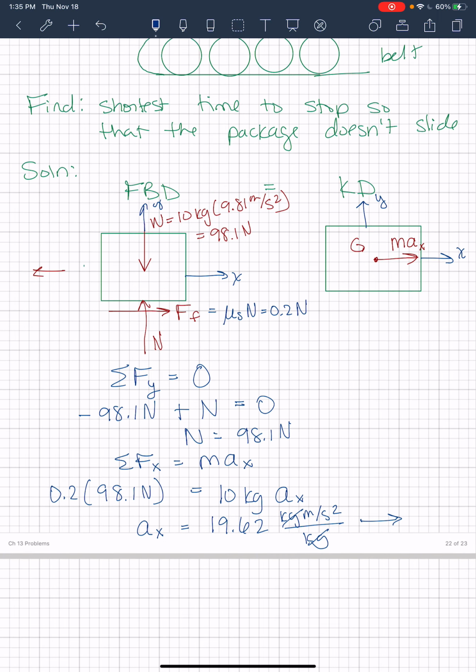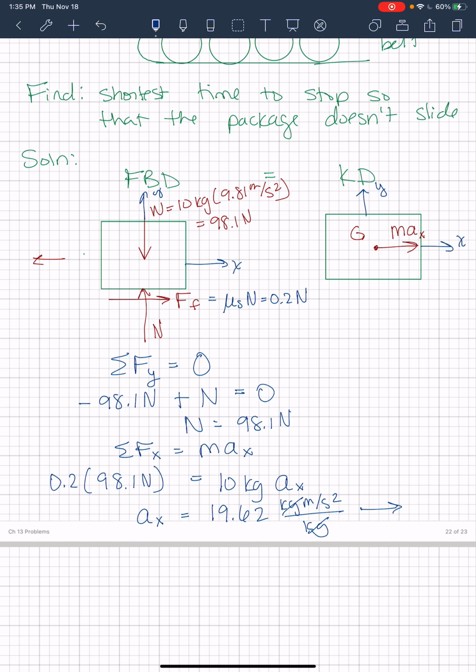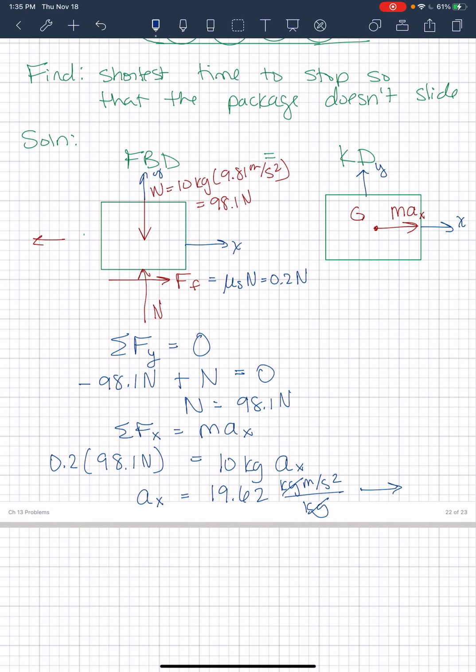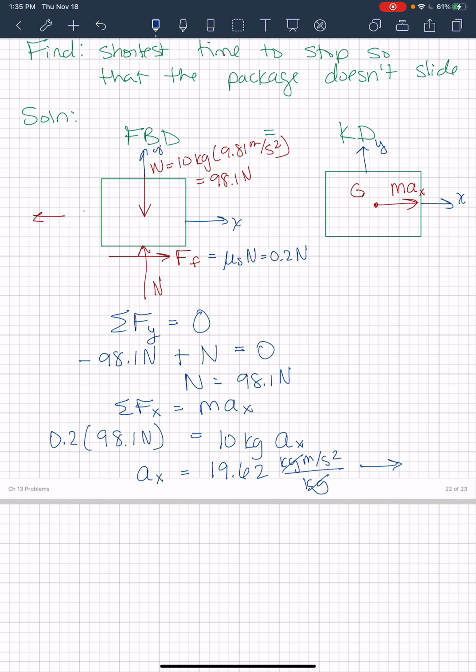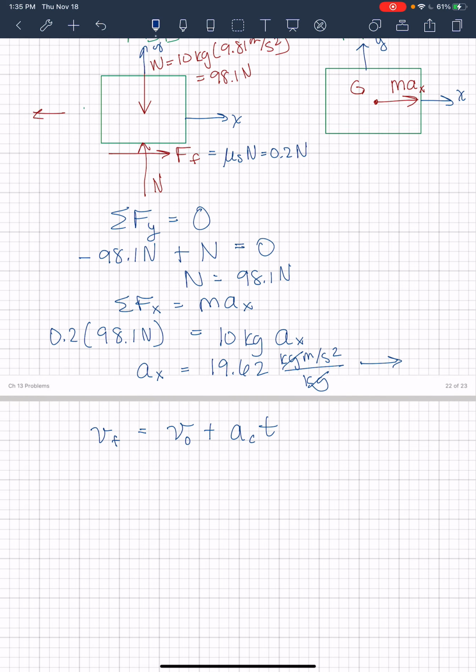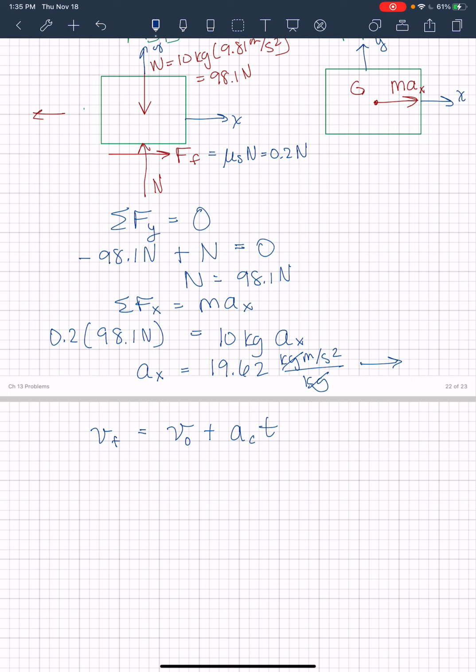That gives us a sub x, but they want us to know the time it takes for it to stop. So this is going back to kinematics, which you've done before in your physics classes. We have a constant acceleration, so one equation we can use is the final velocity equals the initial velocity plus the constant acceleration times time. The final velocity is coming to a stop, so that's 0.